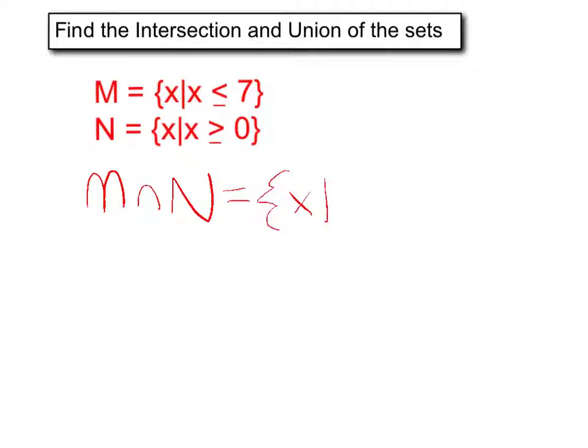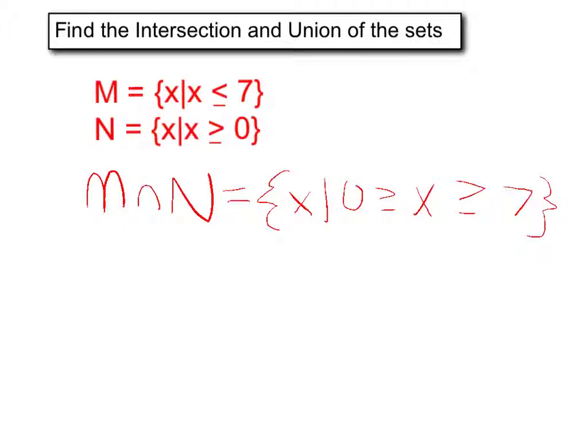Then put 0 is less than or equal to X. Then after that, you put X, which is right here already, is less than or equal to 7. We did this because it is a representation of all the numbers between 0 and 7 that intersect.